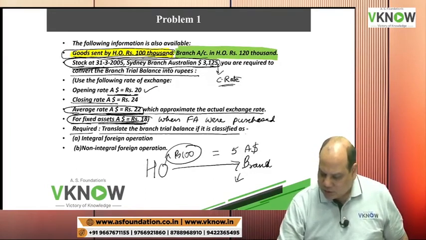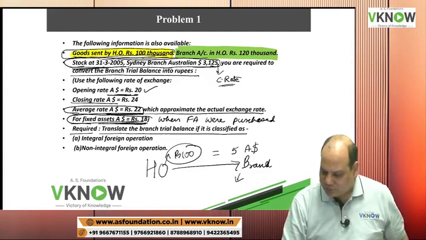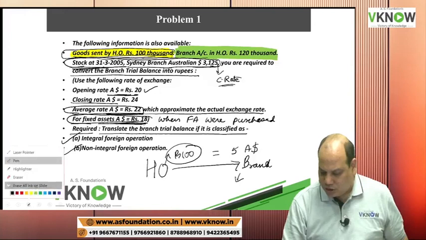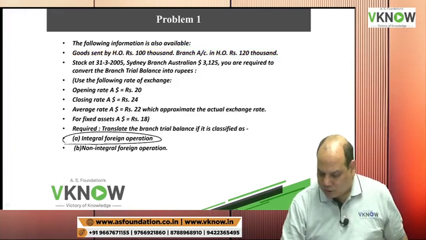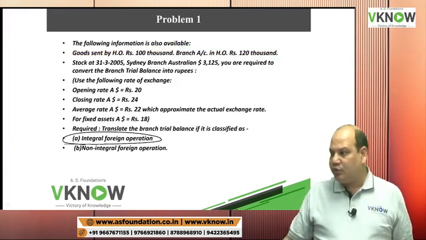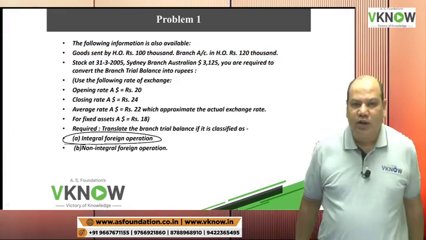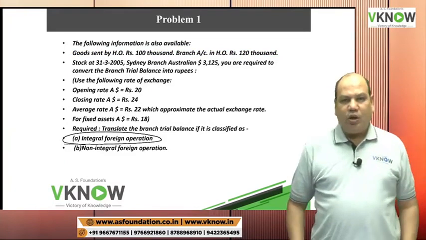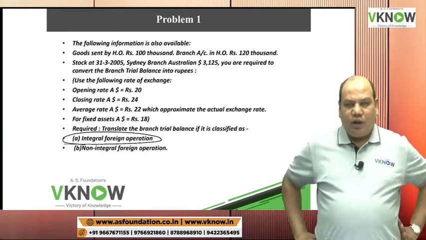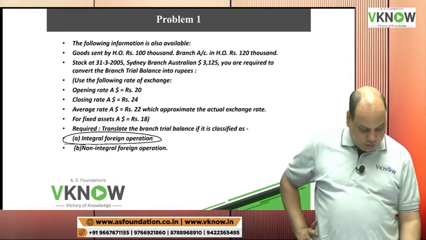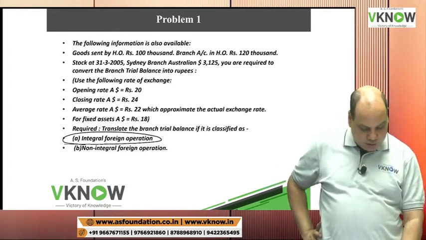Required: translate the branch trial balance if it is classified as integral, and as non-integral. Oh my god, you have to solve it two times. If it is classified as integral, how will you translate? And if you classify it as non-integral, how are you going to translate?